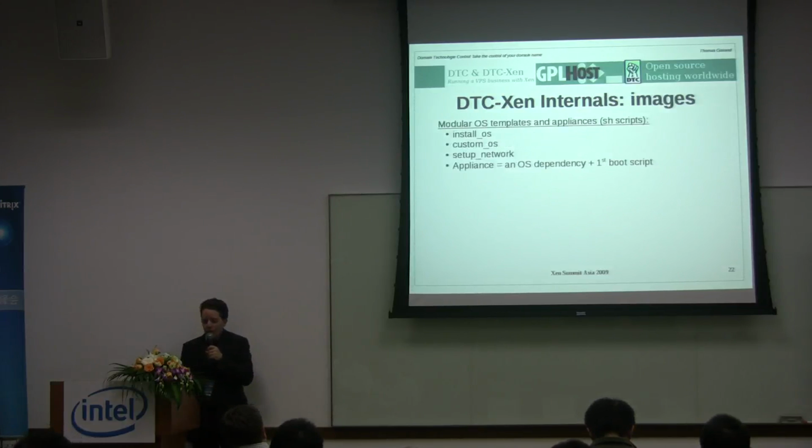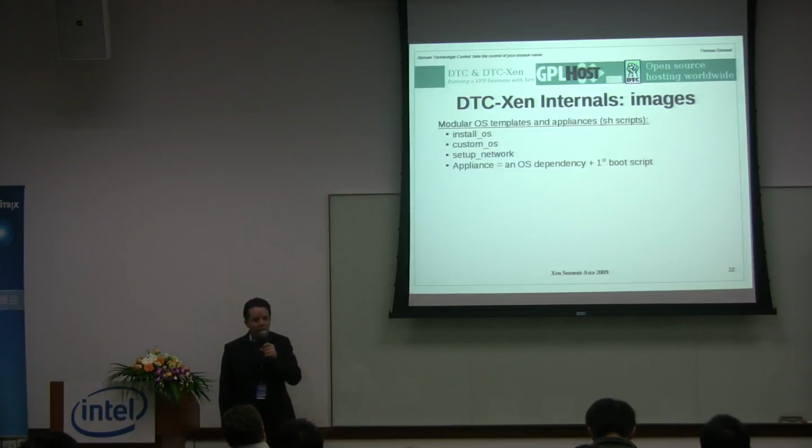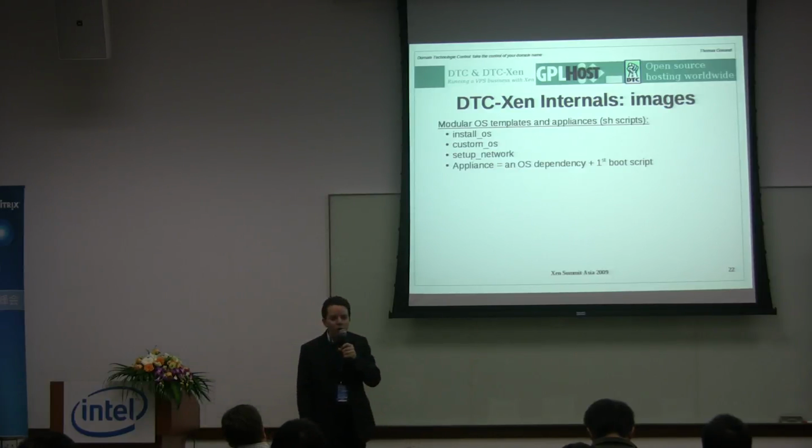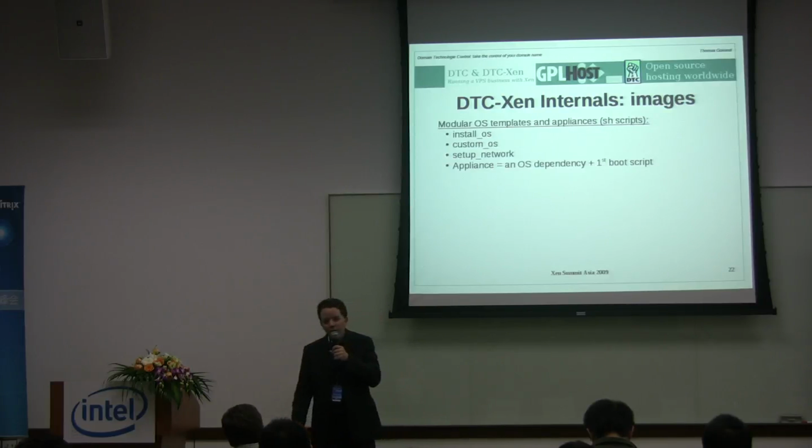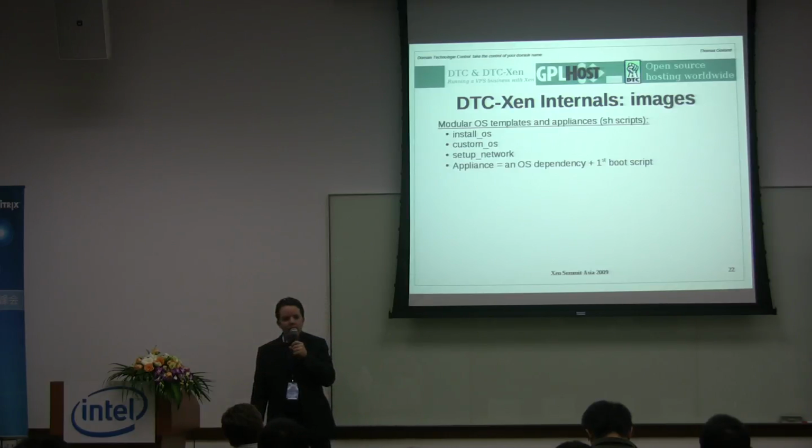About images now, I heard about that new standard image format. It seems very nice, but for us it might be a little bit too complicated. I didn't want to spend too much time writing these formats or implementing it.